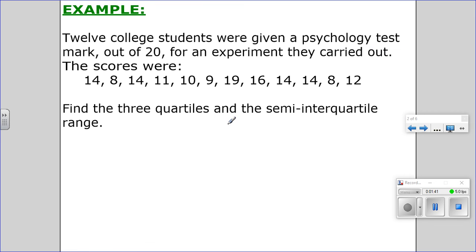Okay, so I'm going to start with my smallest number, which I believe is 8. And I'm pretty sure I have 2 of them, so I've got 8, 8.